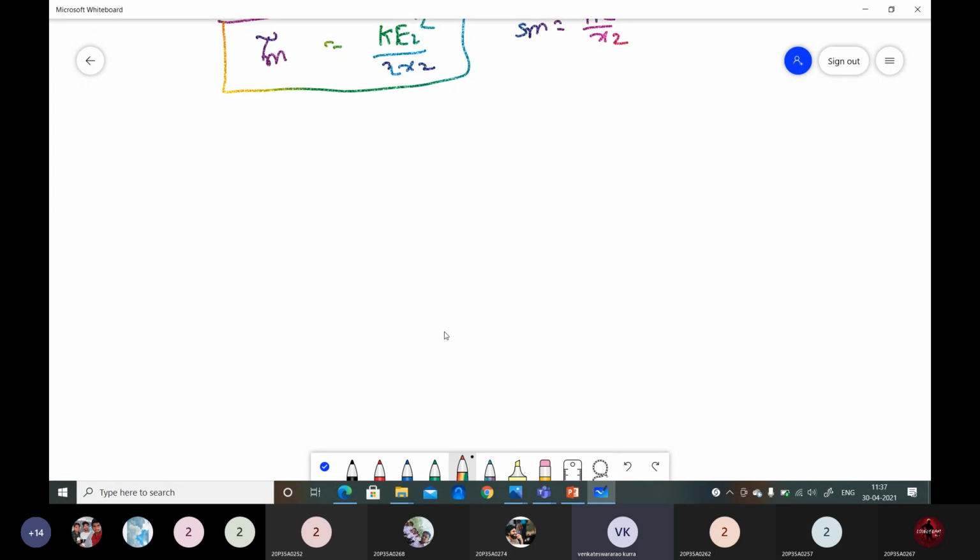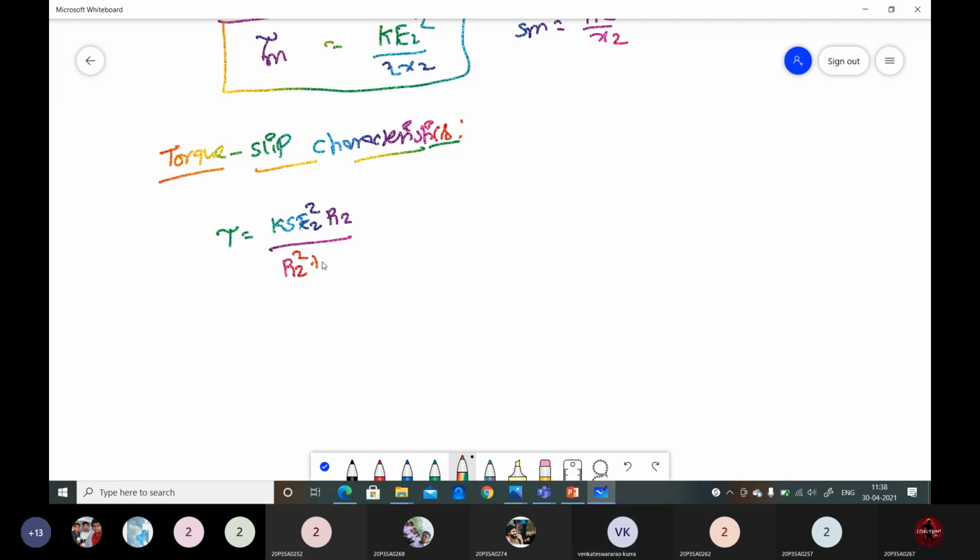Now torque slip characteristics. The expression for torque is K S E2 square R2 by R2 square plus (S X2) whole square.